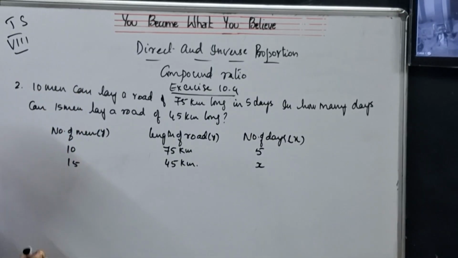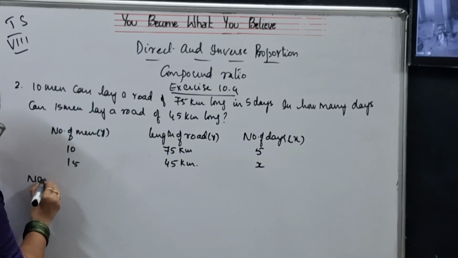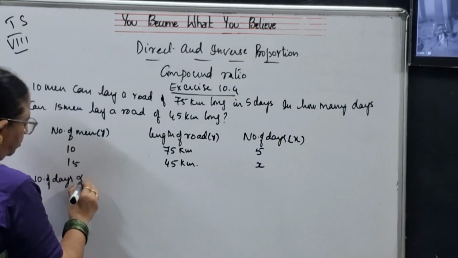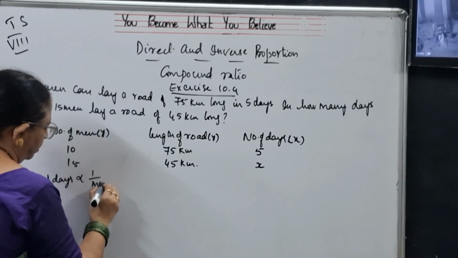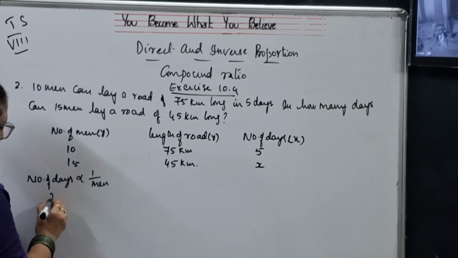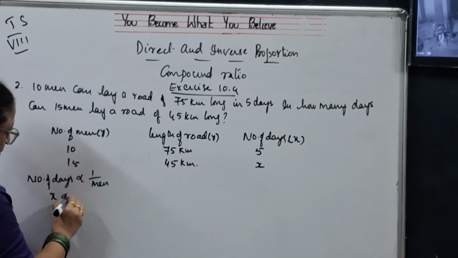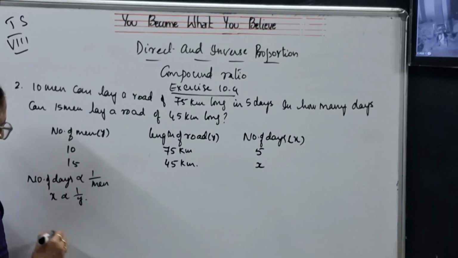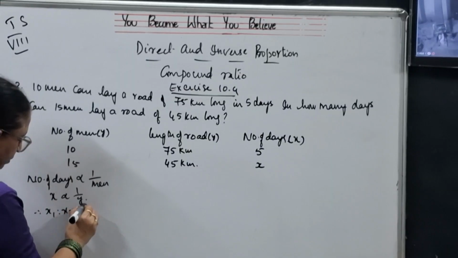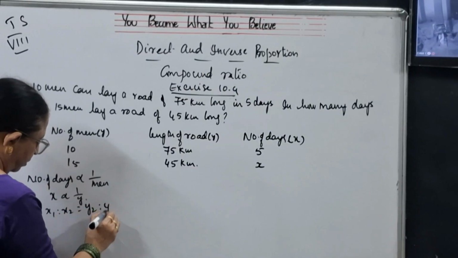So let us see first number of days. They are inversely proportional to men. If men decrease, days will increase. If men increase, days will decrease. That means x is inversely proportional to y. Therefore, x1 is to x2 is equal to y2 is to y1.